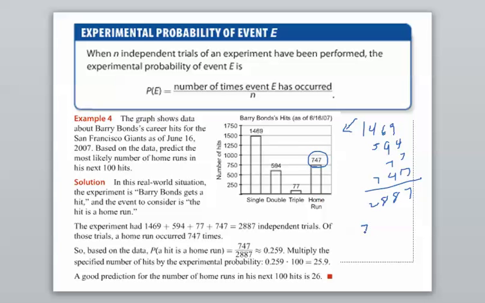So 747 divided by 2887 equals 0.259, or 26%. So if I multiply that 26% times 100, a good prediction of the number of home runs in his next 100 bats would be 26 times.